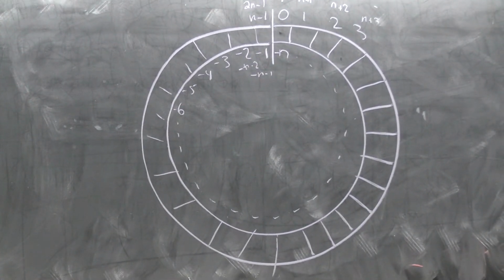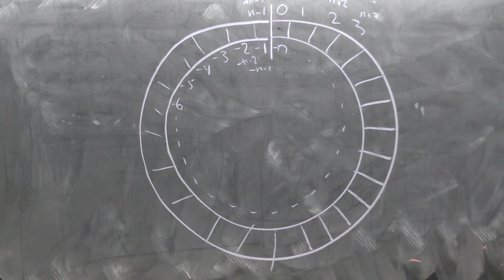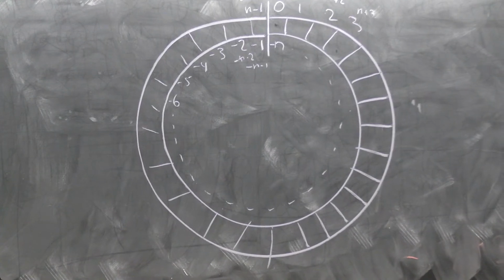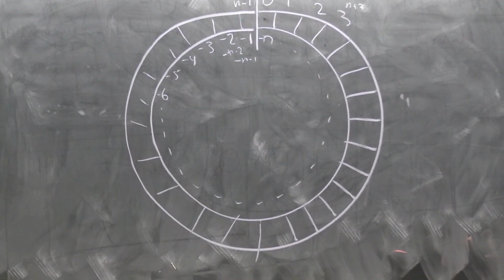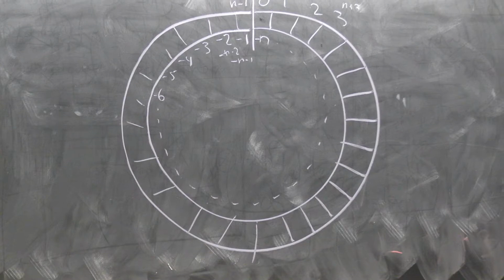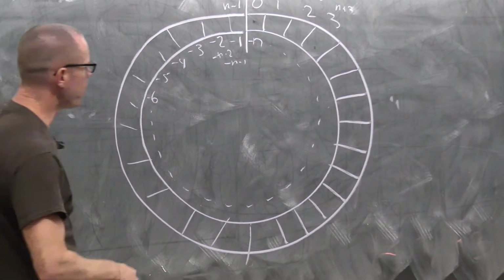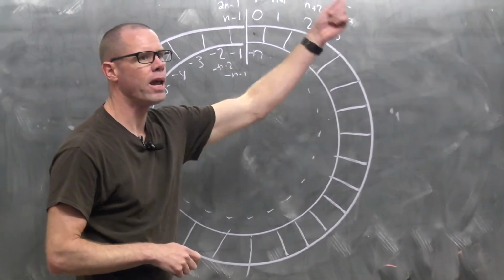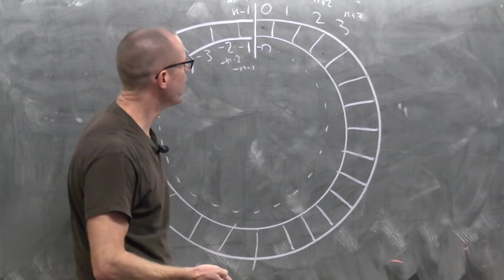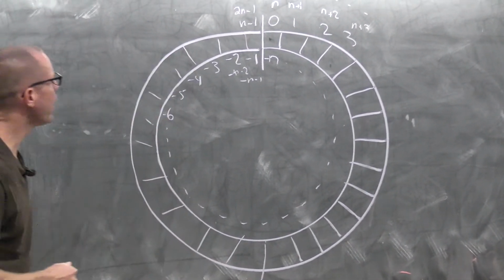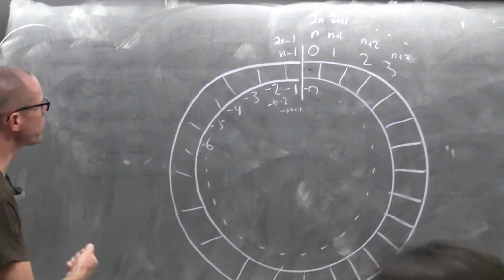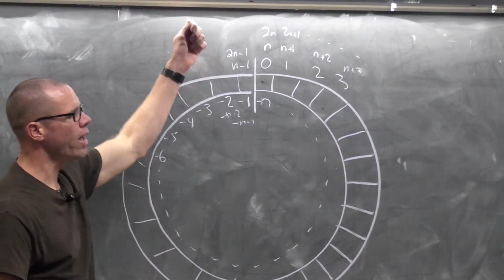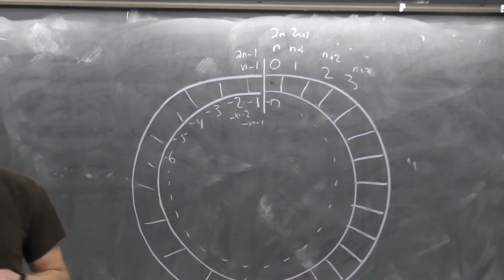So imagine we had this kind of array in a circle like this. There's no indexing out of bounds. Any index you give me will give me a position in the array. It's just that every position in the array has a whole bunch of different names that you can call it. The most common name is an index between 0 and n minus 1, but add any multiple of n to that and you get the same position in the array.